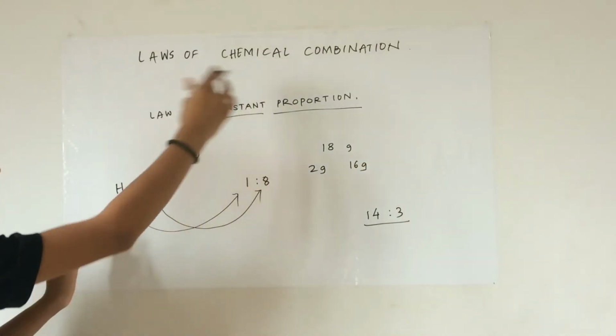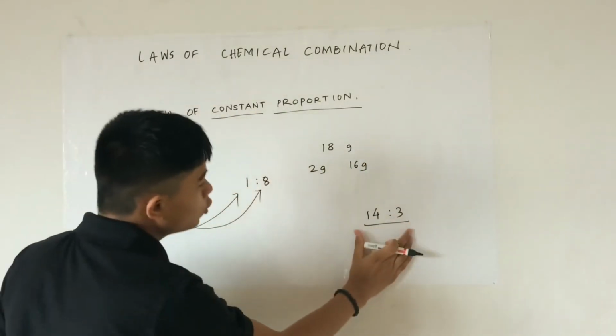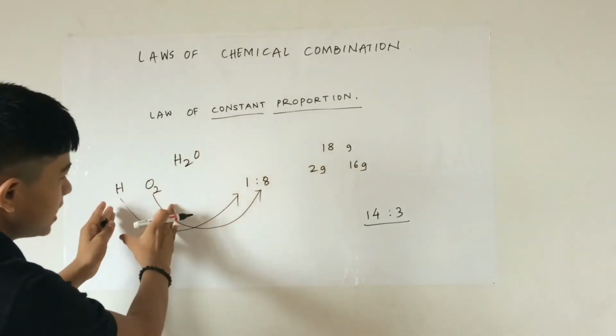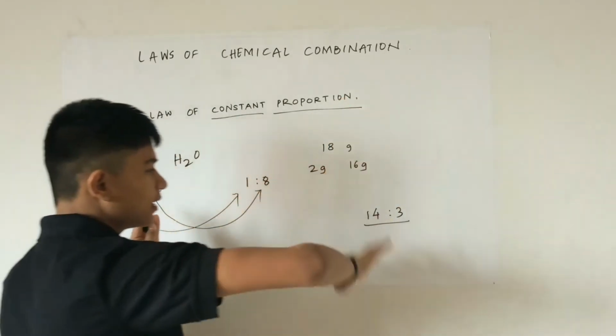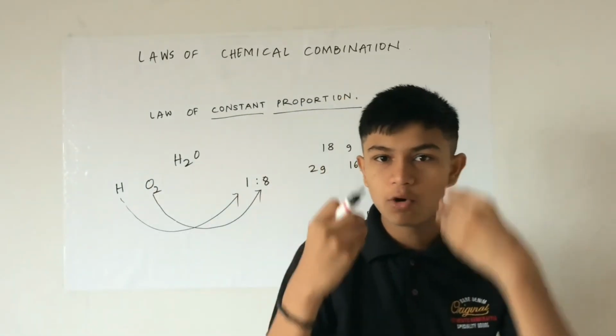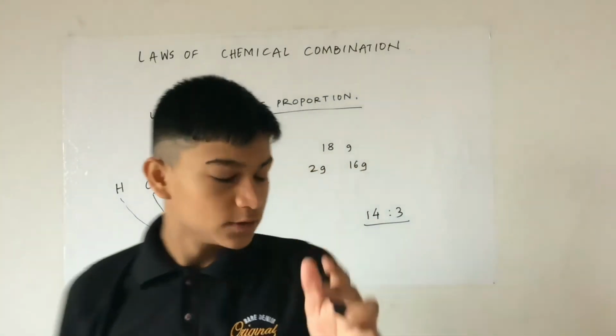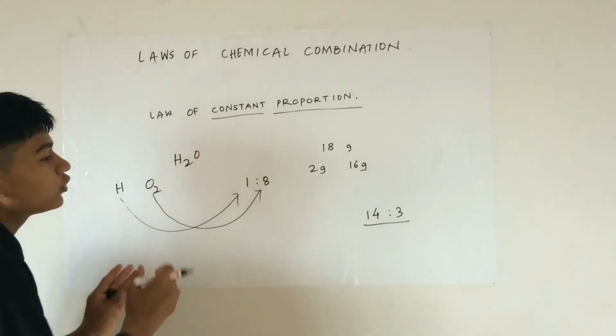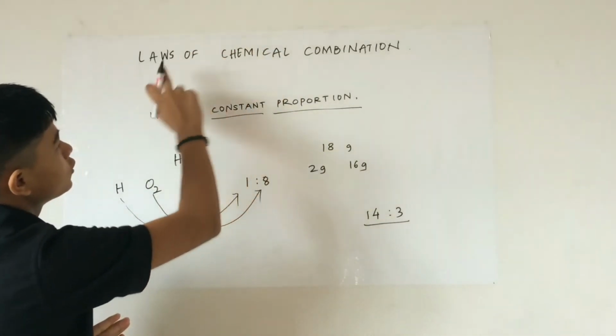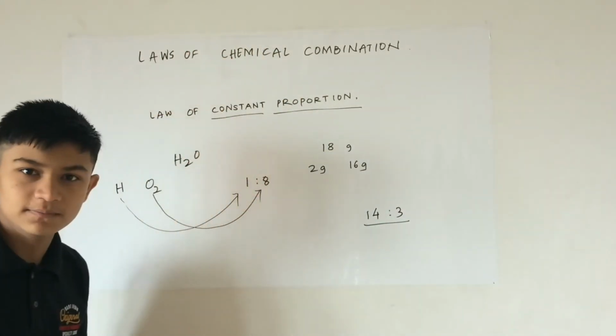They are formed according to the proportions of the masses, and if these increase or decrease, the compound will not be formed; it will be something else. This is how the constant proportion and the laws of chemical combinations work.